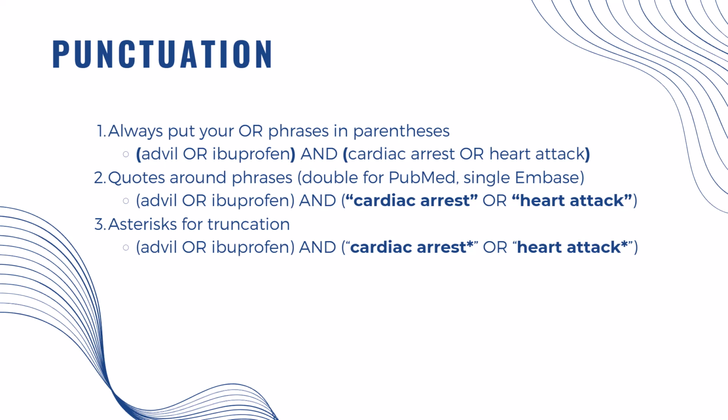This is because truncation searches for any combination of the word or phrase that comes prior to the asterisk. So if I searched for PREGNAN asterisk, it would search for pregnant, pregnancy, pregnancies, etc.